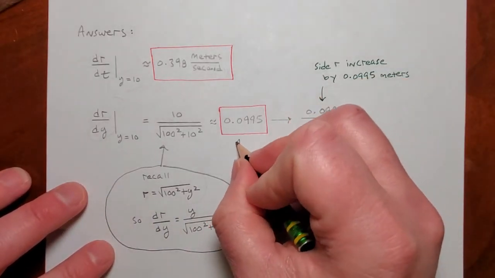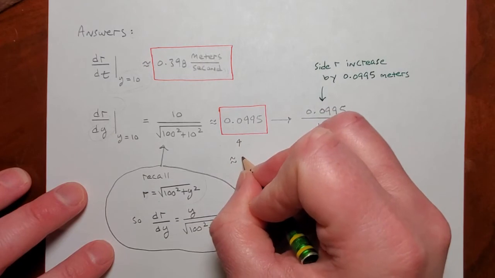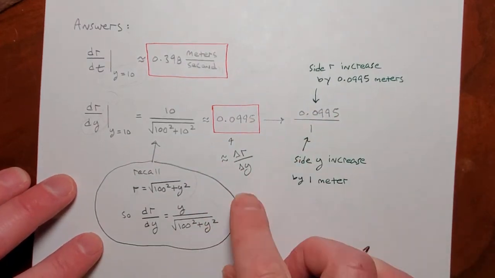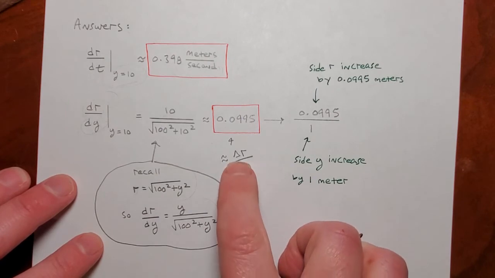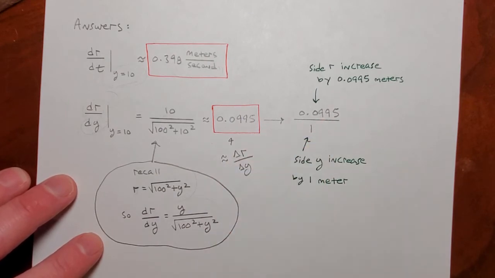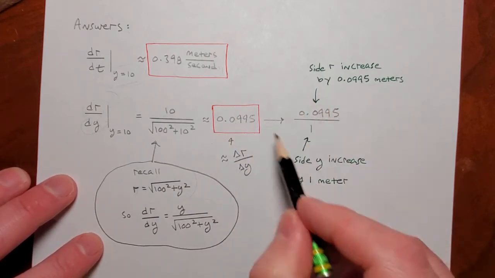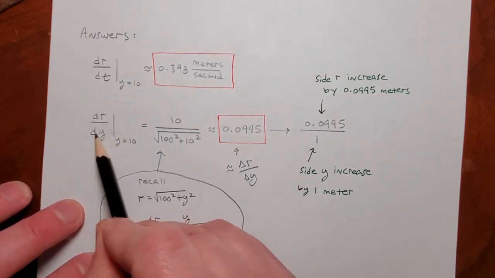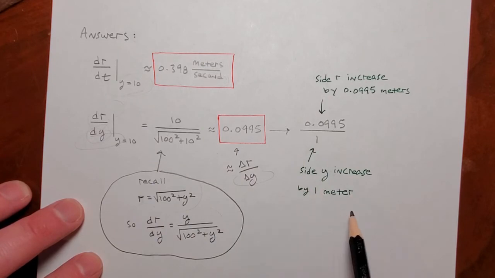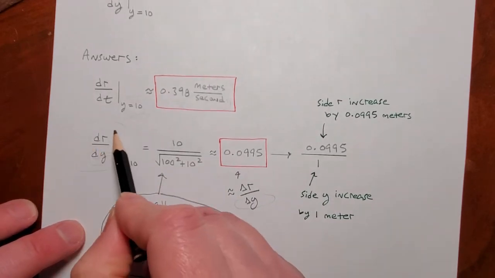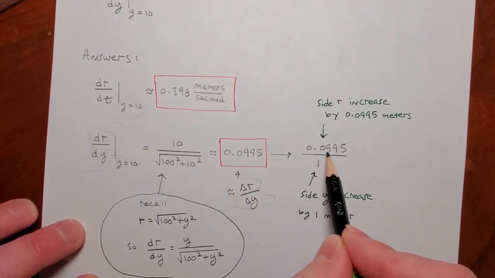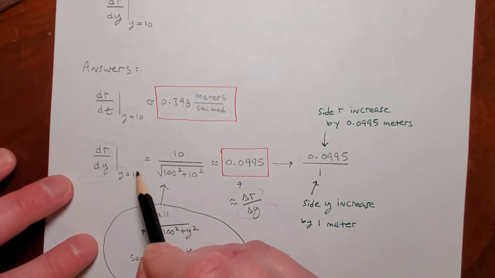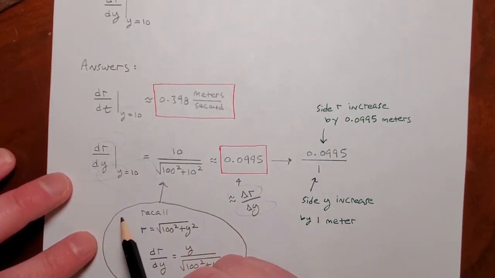This number is roughly equal to what? Delta r over delta y. The change in y, the change in r. So we could say that this number roughly means this. If y were to increase by 1 meter, we would find that r wouldn't increase very much at all. Okay? When y is 10.